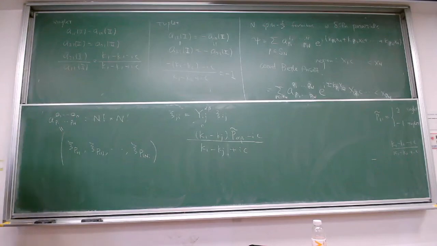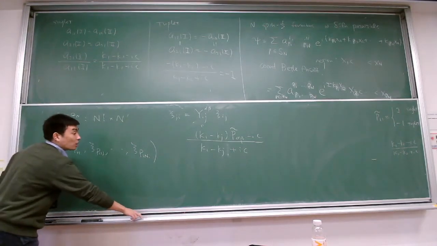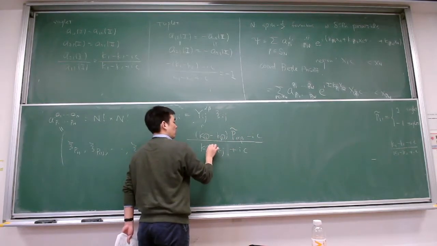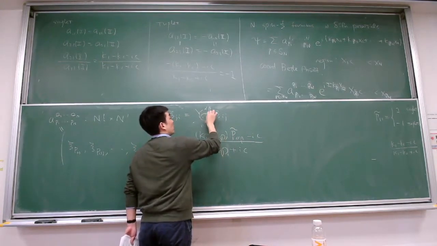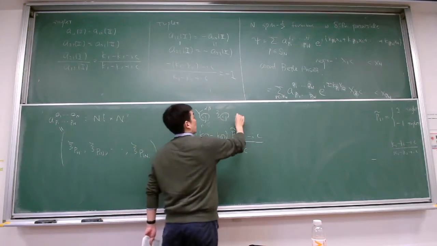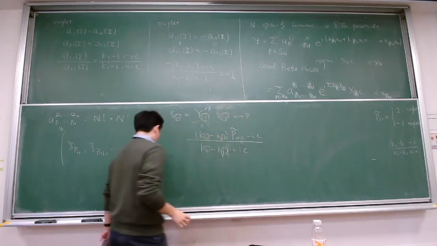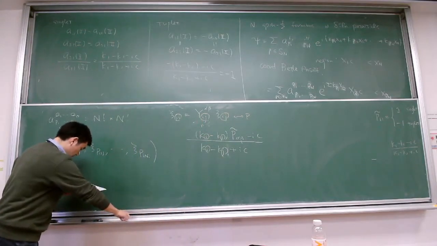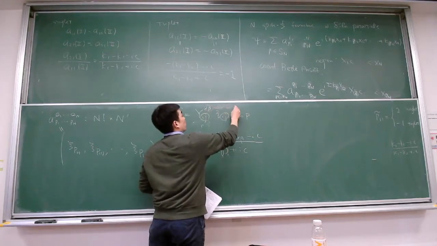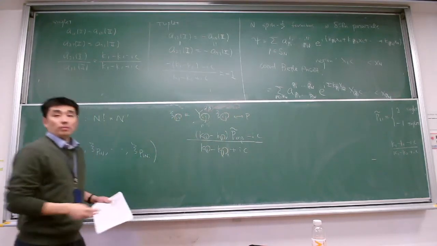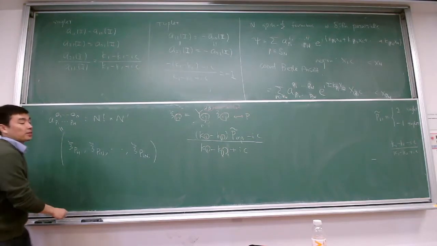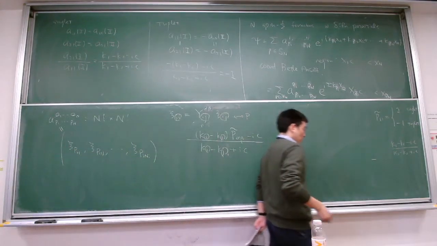Here this ij plays the role of the choice of P, and alpha beta corresponds to the choice of Q.